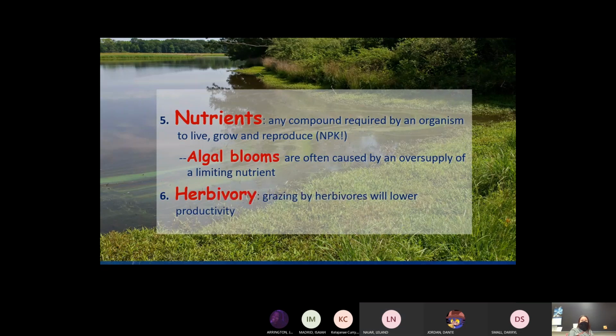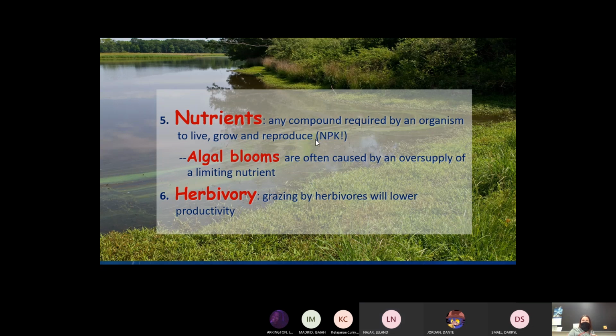All right, so a couple more things that affect them. Nutrients, any compound required by an organism to live, grow, or reproduce. NPK, do you guys have any idea what that might stand for? Think back to your periodic tables.